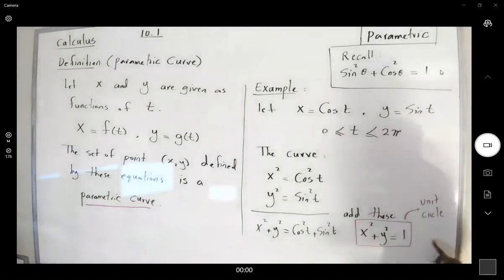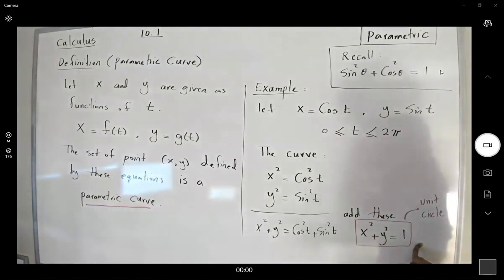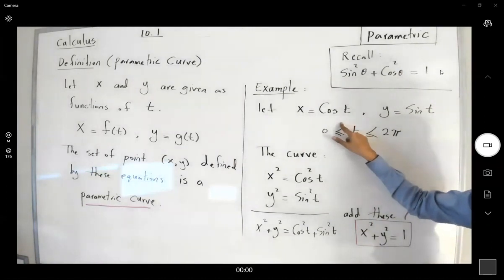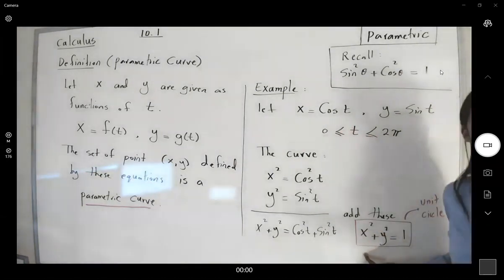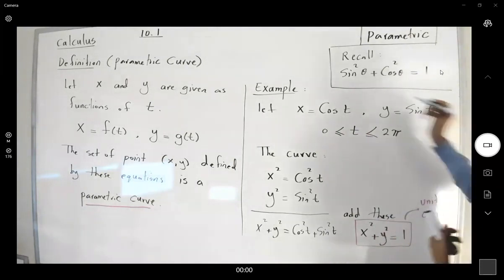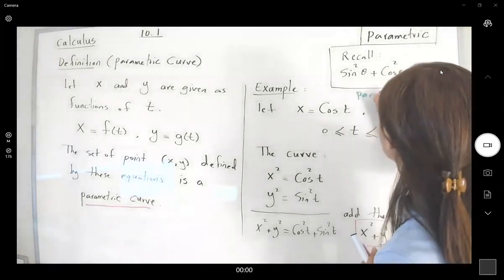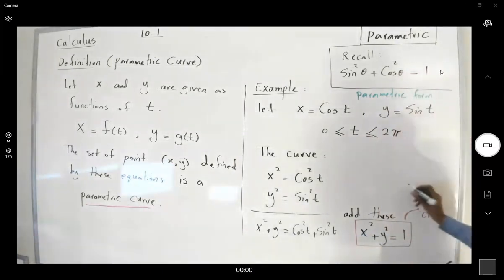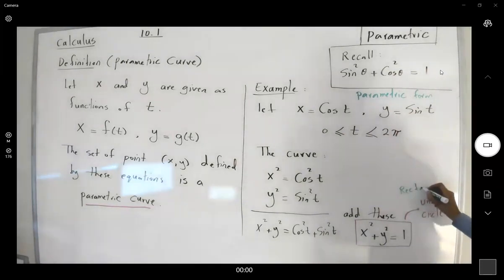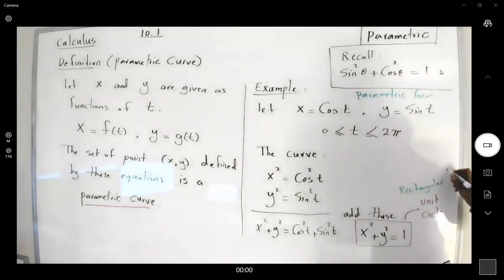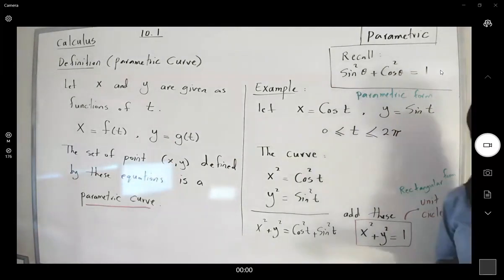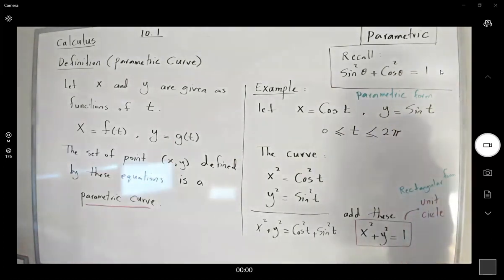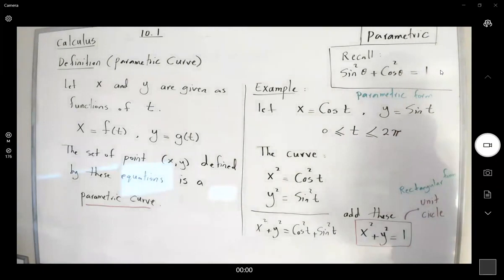We wrote a new equation that doesn't have any t in it, going from parametric form into rectangular form. And it doesn't have any t in it. And you already know how to graph this. This is the unit circle.